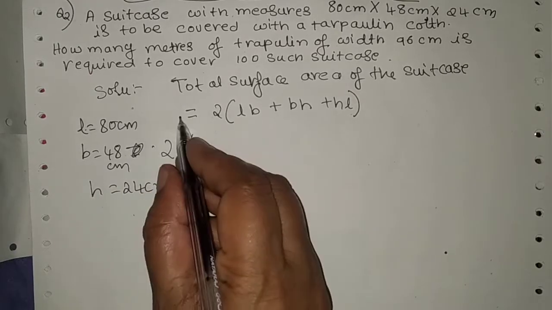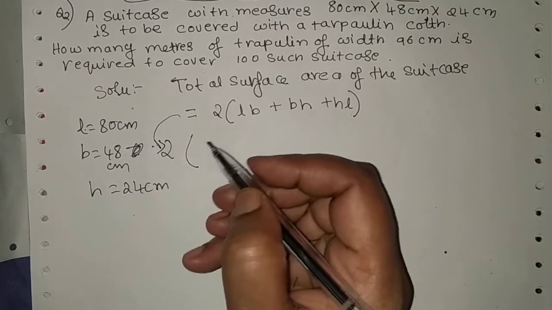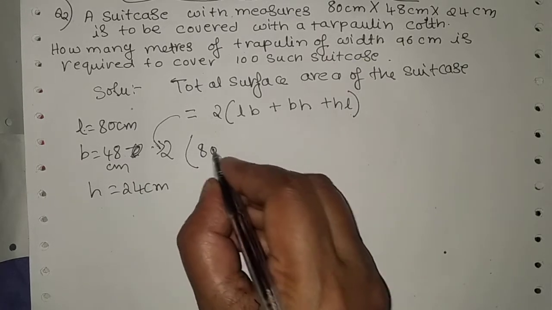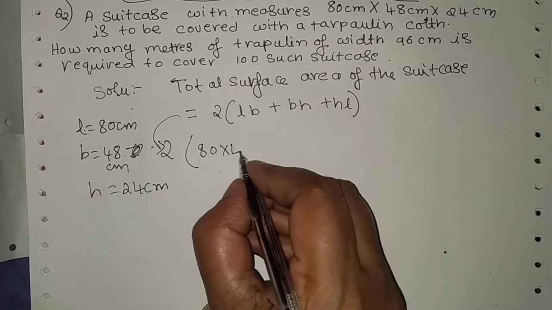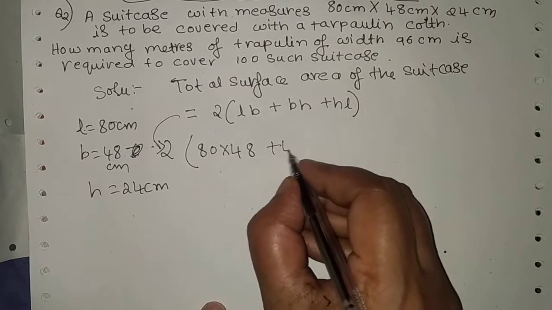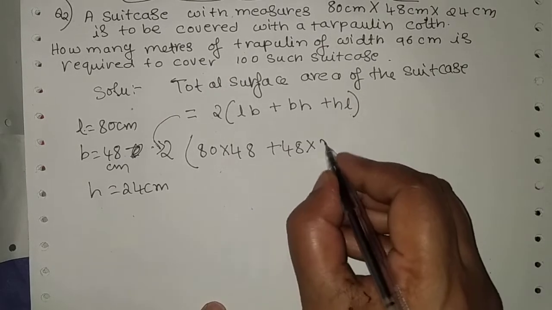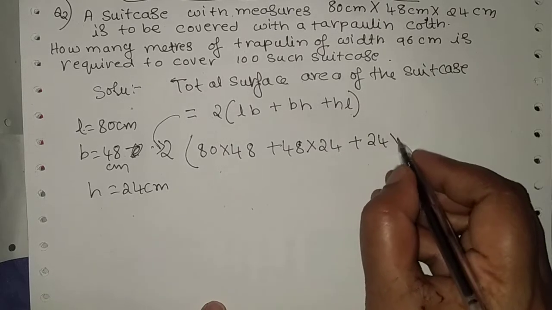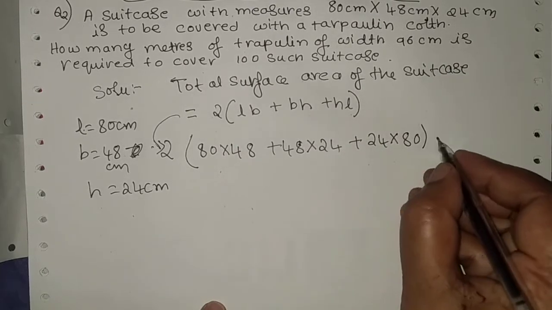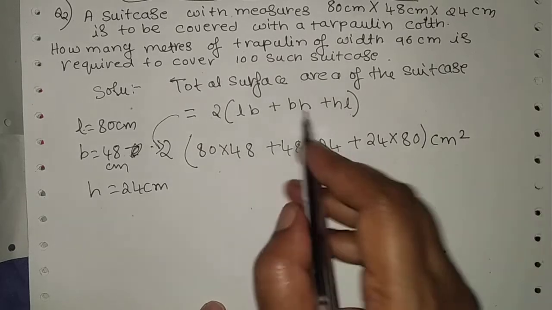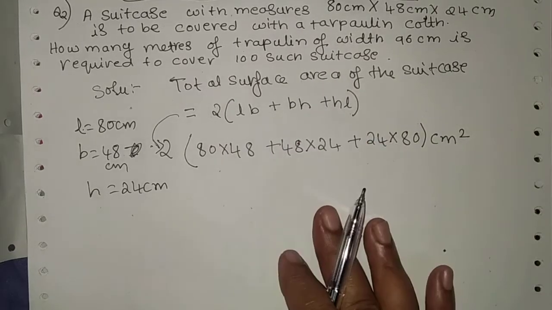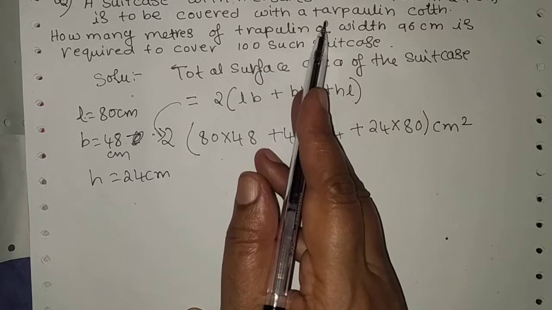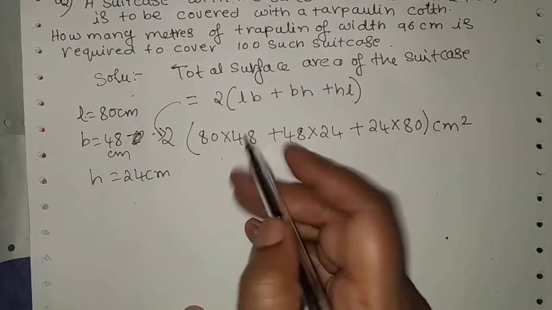Now we'll substitute in this formula. 2 into 80 into 48 plus 48 into 24 plus 24 into 80 centimeters square. We use the same formula as in the first question. This is also a box, the suitcase.